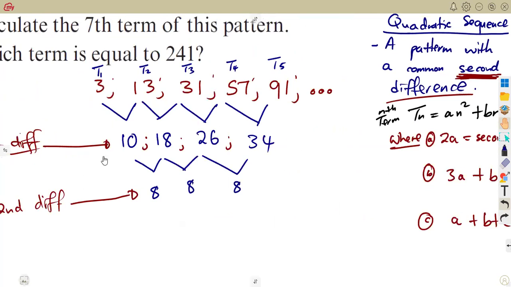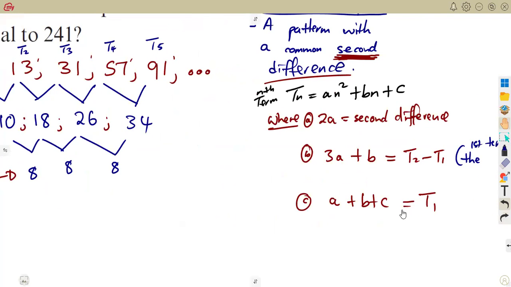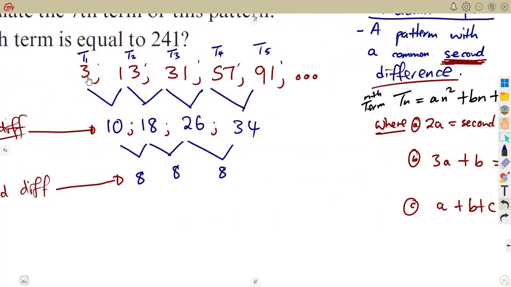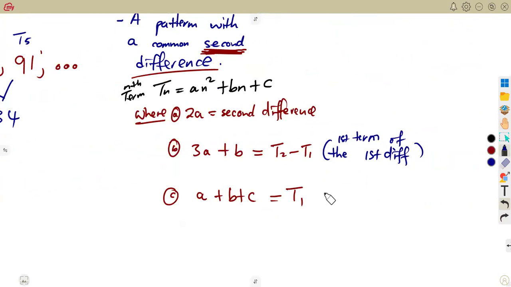This is the first differences, so the first term that you see there is your 10. And a plus b plus c is equal to T1, the first term from the original sequence, the first term that we are given.